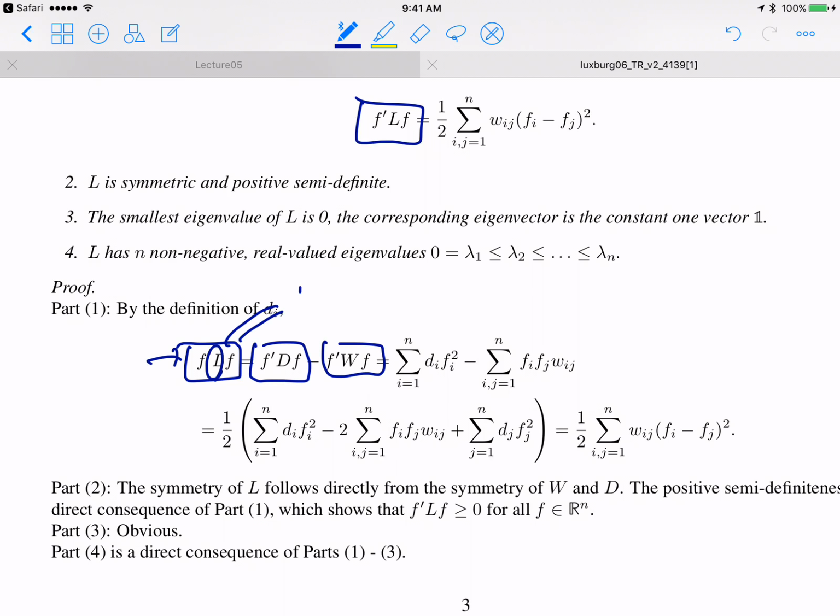L was equal to D minus W, right? And D was our diagonal matrix, and it can be represented in this manner, because D is our diagonal matrix where the i-th diagonal component is the degree value of each node, represented as Di.